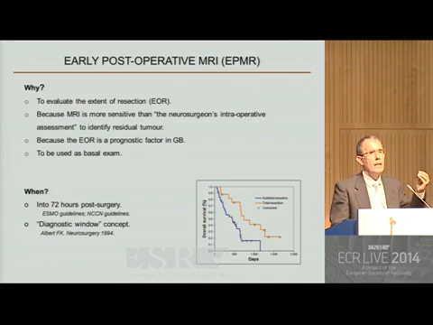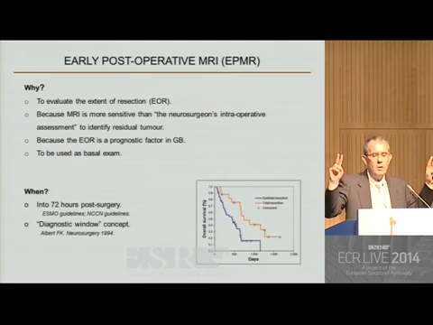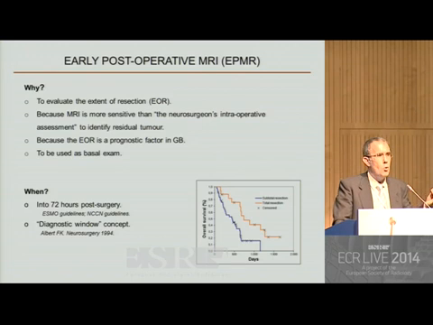So he cannot evaluate the infiltration of the borders of the tumor. Additionally, we know that MRI is more sensitive than the neurosurgeon's intraoperative assessment to identify residual tumors. So it is the radiologist who has to evaluate the extent of resection.